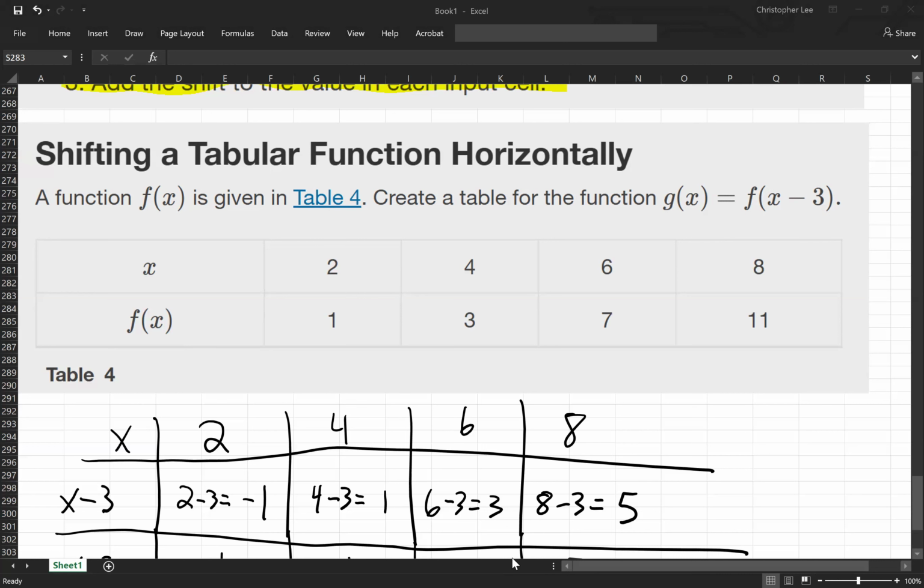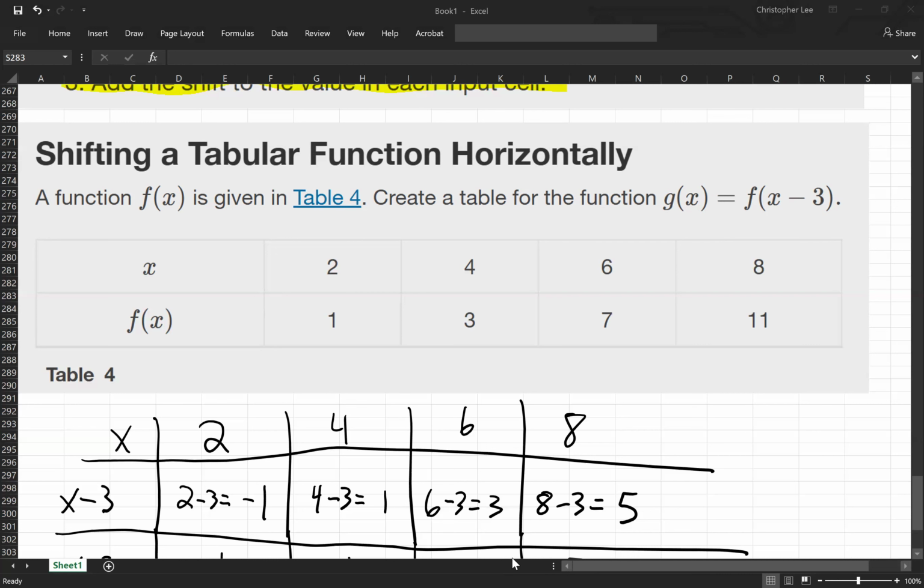So anything outside the parentheses is going to be the y. Inside the parentheses is the x. Every time I see an f of x, f of x is y.